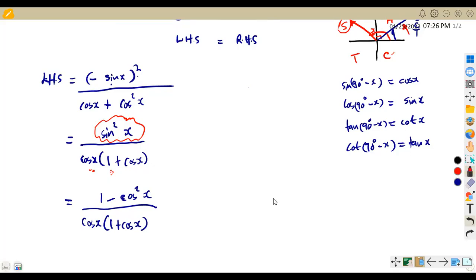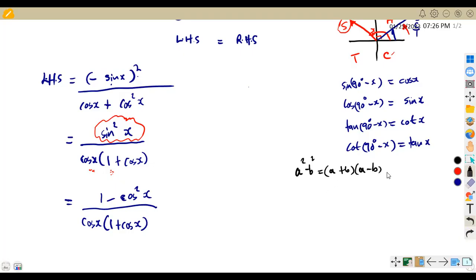But if we are to cross-check on this part, which is the numerator here, we can see that we have an identity that we can actually factorize from our difference of 2 squares. Okay, let me take you back to your difference of 2 squares. Our difference of 2 squares states that a squared minus b squared is equal to a plus b into a minus b.